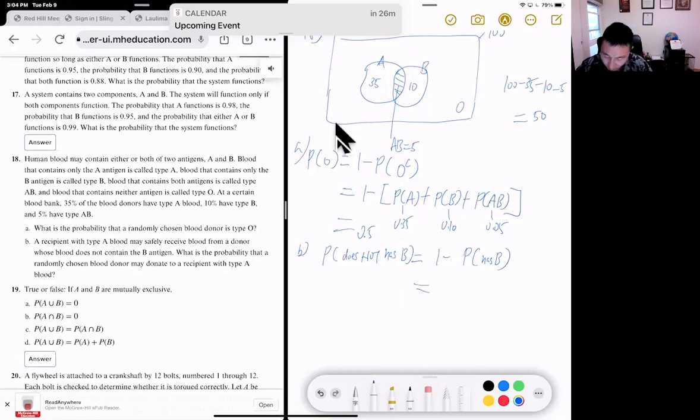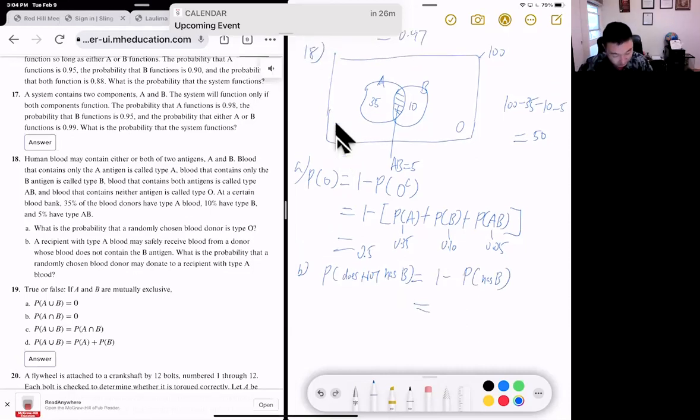The probability of having the B antigen has two parts. One is type B blood, the other is type AB blood.